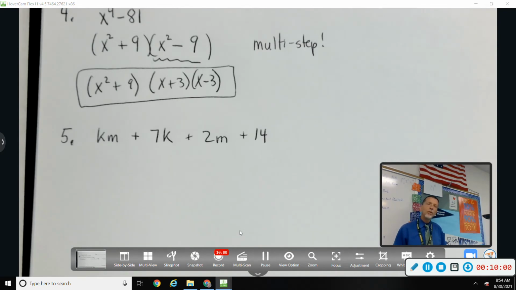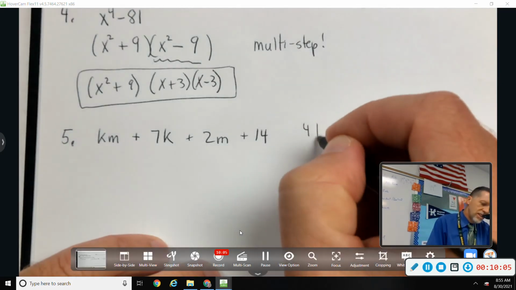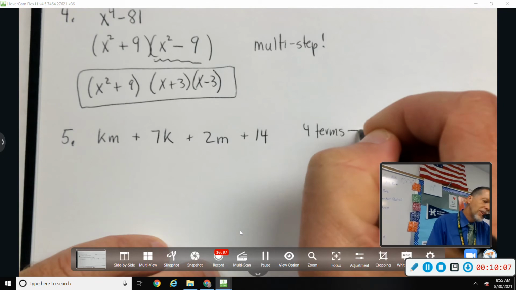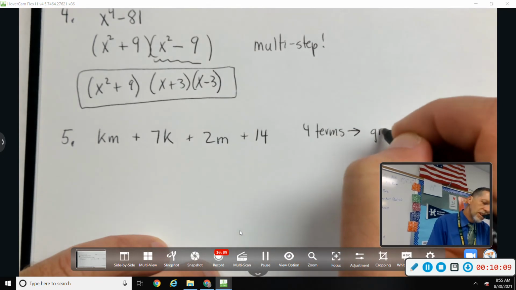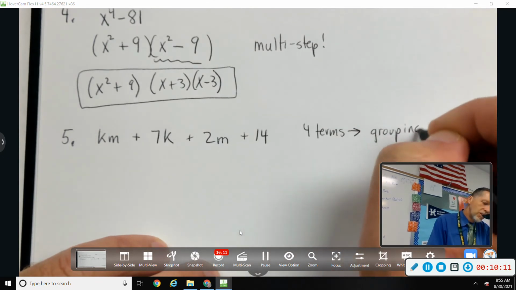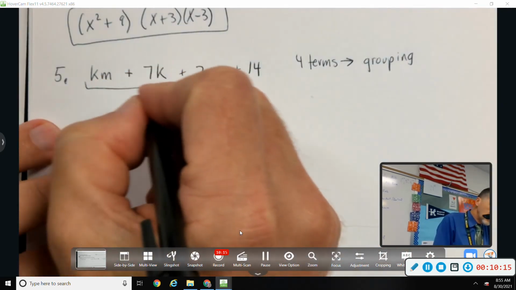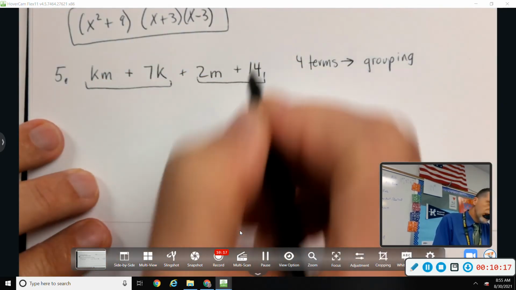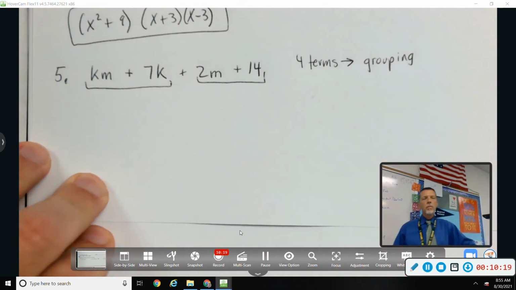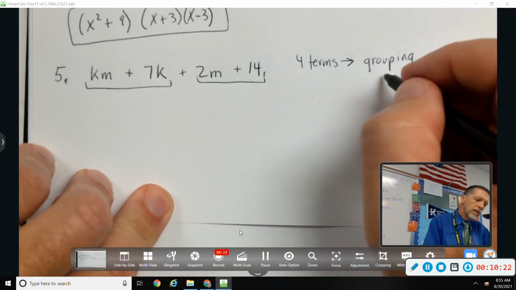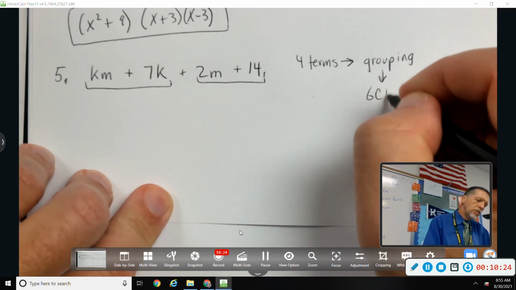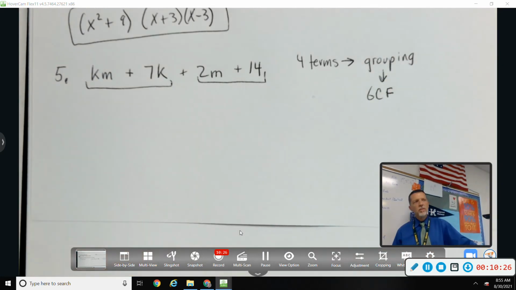Do you remember how to factor if there are 4 terms? There's really only one thing you can do. You can group them. So we'll group them, and then we'll do GCF a bunch of times.